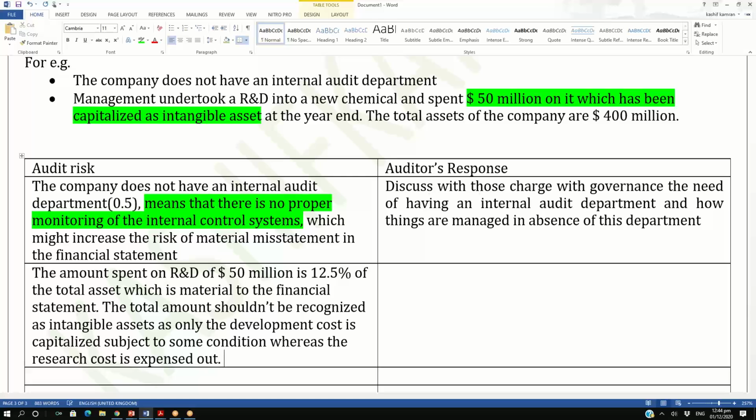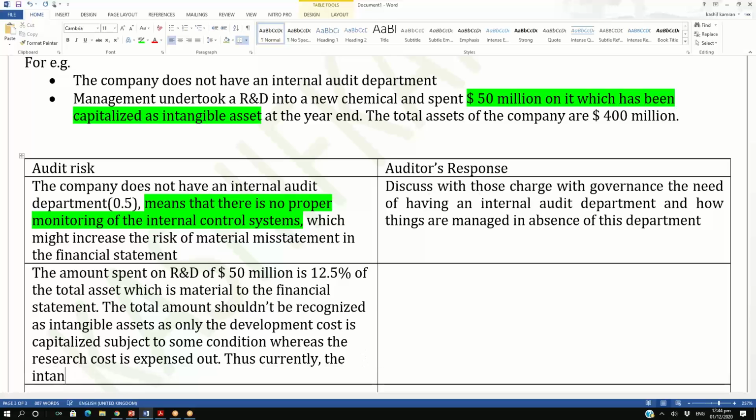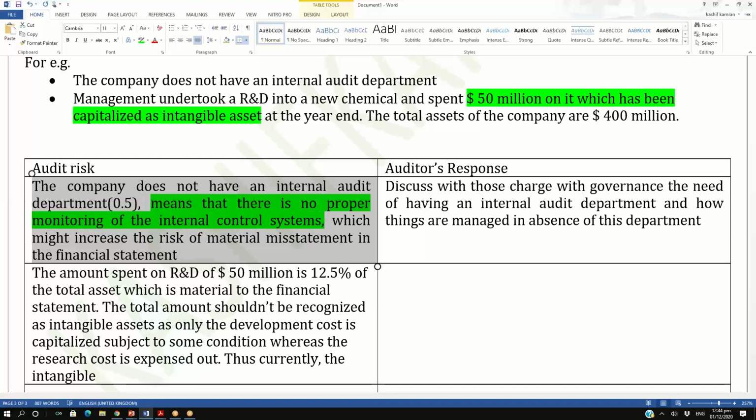So you develop your point. Thus, currently, the intangible assets are overstated. Now see my impact on the financial statement, and look at my impact of the company does not have an internal audit department, because I cannot identify the under and overstatement. So I was very conclusive that there could be risk of material misstatements in the financial statement.